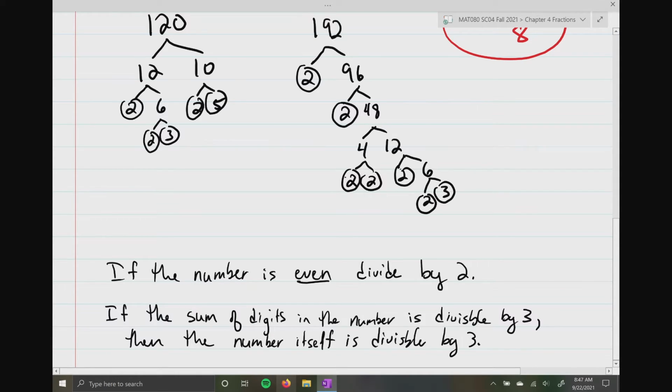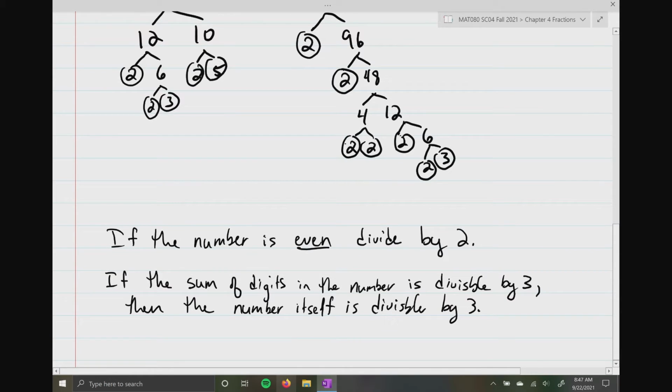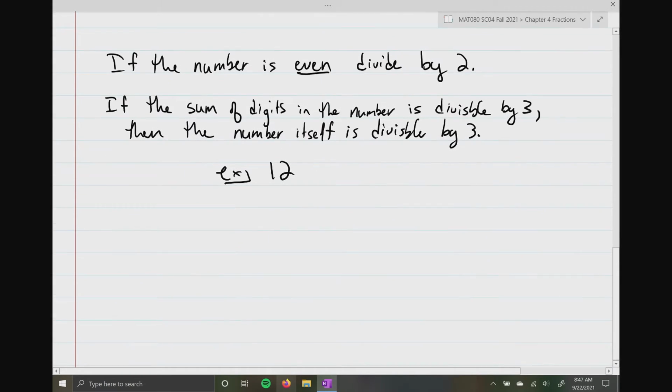Let me give you an example. 12 is even, so I can definitely divide it by 2. But if you add the digits, 1 plus 2 is 3. Since 3 is divisible by 3, so is 12.